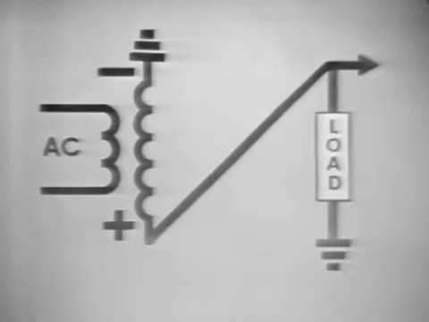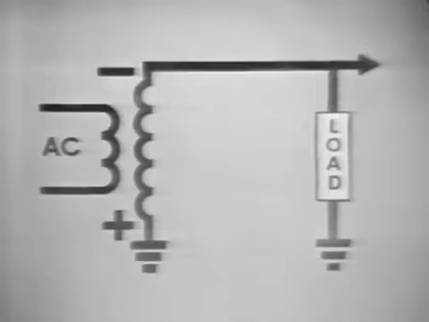This is true if we want a positive output voltage. Of course, if we want a negative output voltage, all we do is arrange the bridge rectifier circuitry so that the load is always connected to the negative end of the secondary and the ground is always connected to the positive end. With this arrangement, the output voltage is negative.